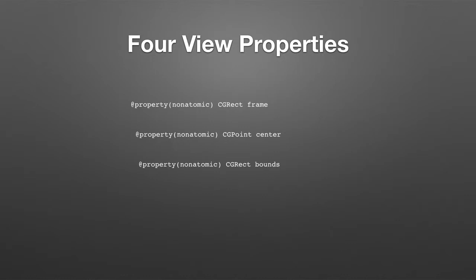These three things are interrelated. If you change the bounds property, it's going to recalculate the frame. If you change the center, it'll recalculate the frame. Bounds doesn't really care where it's located, so changing the center isn't going to affect the bounds. That'll become clearer in the next slide when I do a little demo.